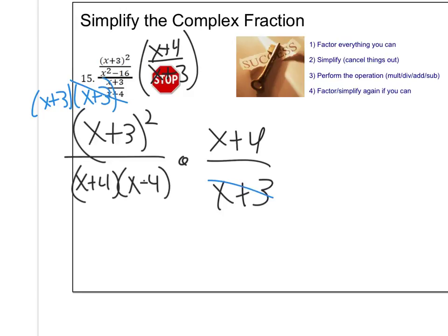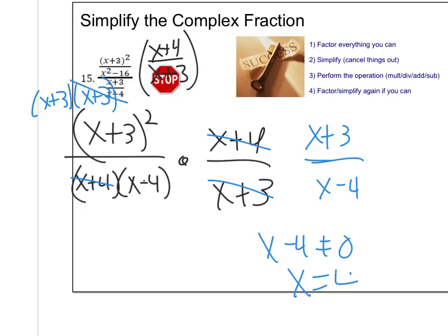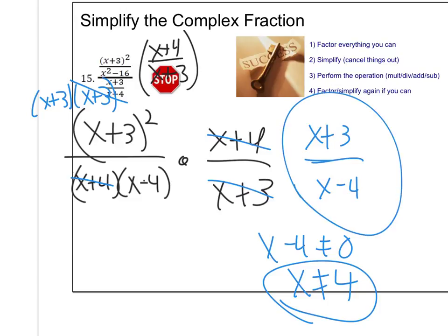Cancel, cancel. X plus 4, cancel, x plus 4, cancel. I'm left with x plus 3 on the top, x minus 4 on the bottom. So x cannot equal 4. And there's my simplified solution. That's as far as I can go.